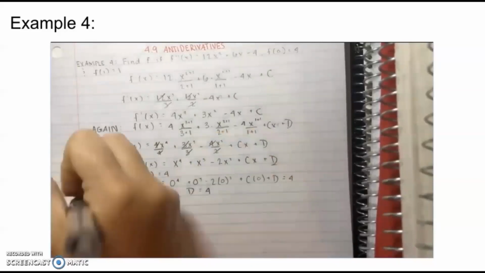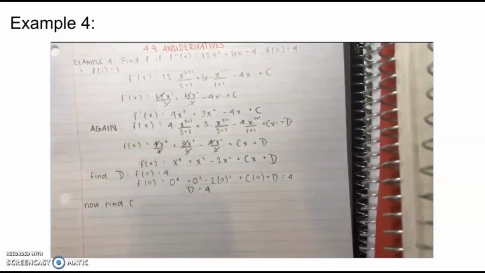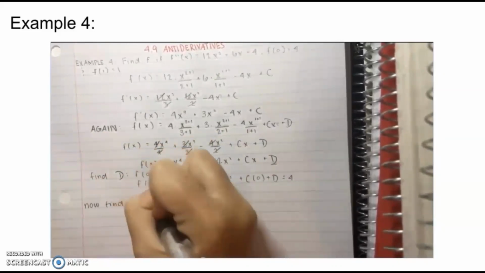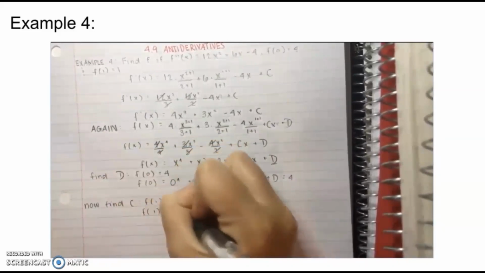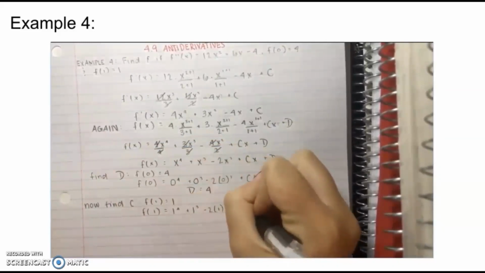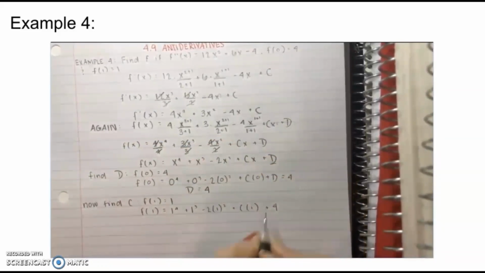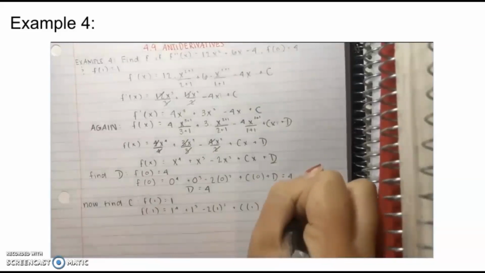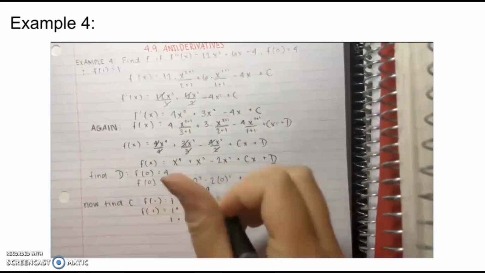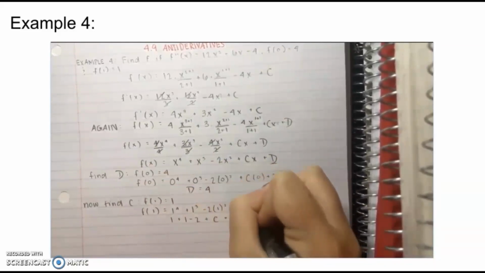Now we want to find c. To do this, we'll use the second one that we were given. If we plug that in, 1 equals 1 to the 4th plus 1 to the 3rd minus 2 times 1 squared plus c times 1 plus 4, since now we have to plug that in, and then we set it equal to 1. This gives us 1 plus 1 minus 2 plus c plus 4 equals 1.